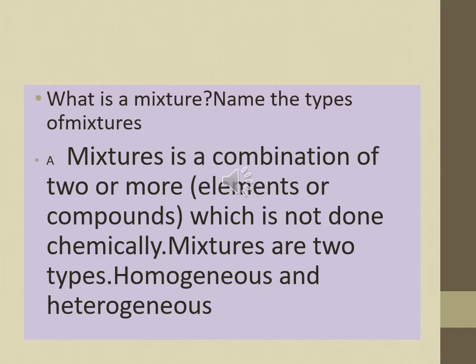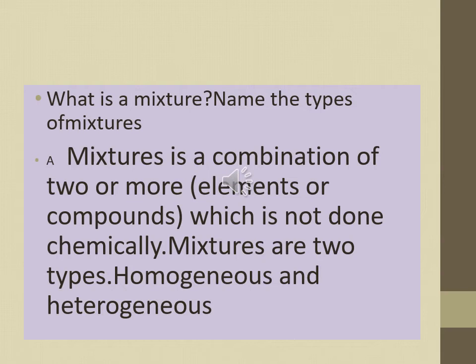A mixture is a combination of two or more substances, within the bracket elements or compounds, which is not done chemically. Then mixtures are two types: homogeneous and heterogeneous.